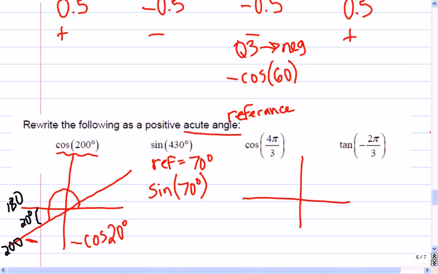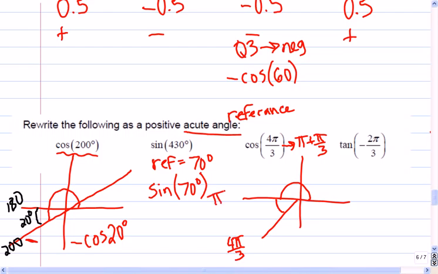So this is like pi plus pi over 3. That's the way I like to think of it. So here's pi, and then 1/3 of pi would be to there. So this is where 4 pi over 3 is. Okay? So 180 plus another pi over 3. Okay. So the reference angle is in between the two.